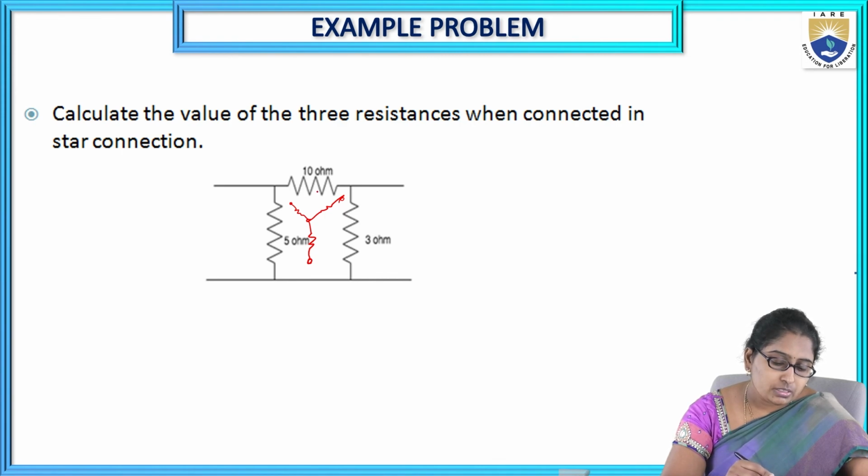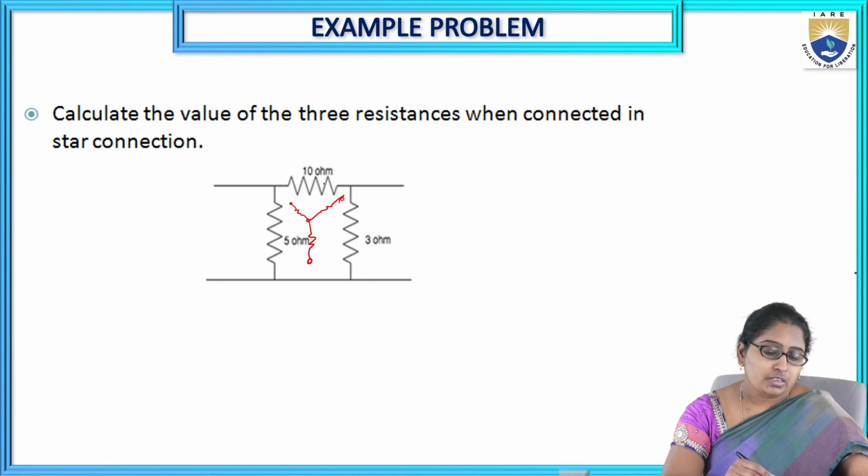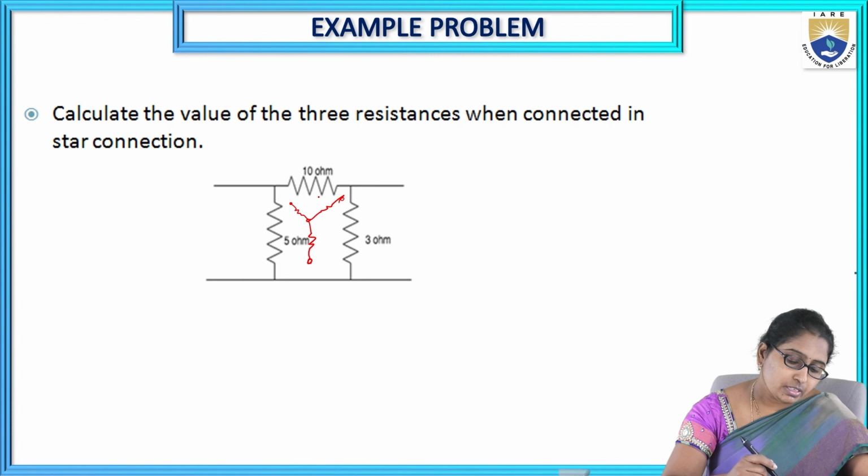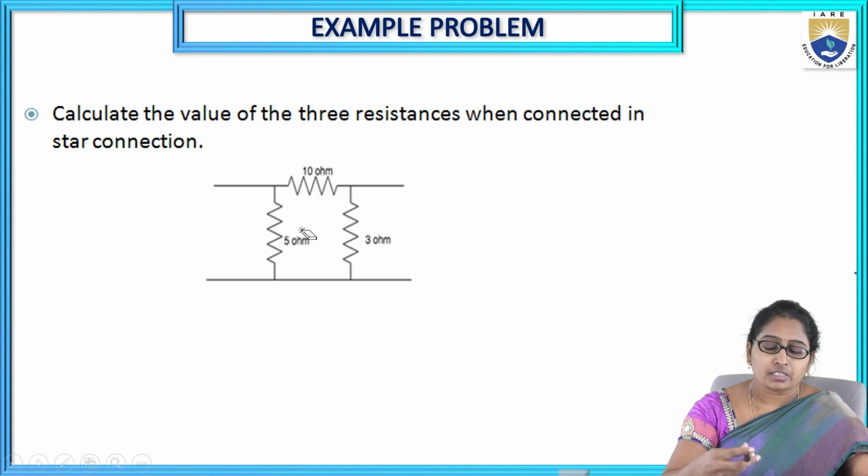So these star network elements are given, from a given delta, by the product of the two adjacent delta elements in the numerator divided by the sum of the three elements. Like that we have to calculate.